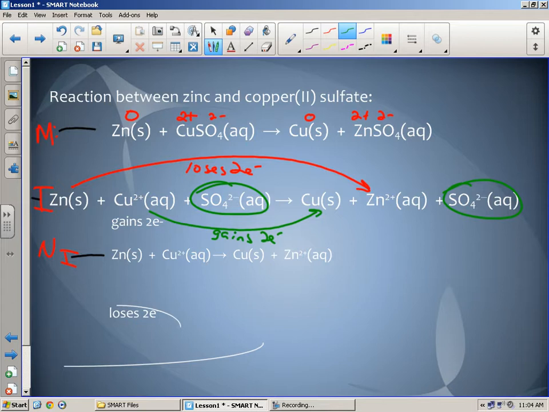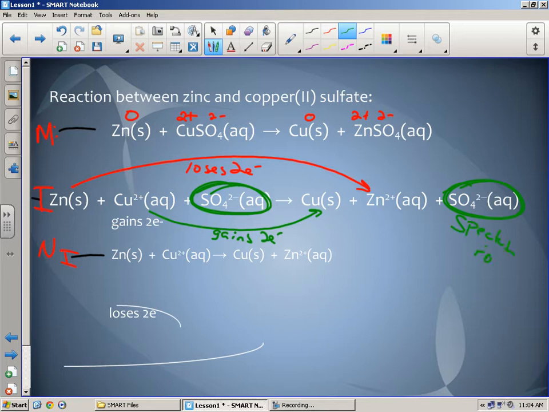It starts with an S. Spectator ion. So this is your spectator ion, and obviously the same on both sides. It doesn't change in charge, doesn't gain or lose electrons. That's Chem 20.